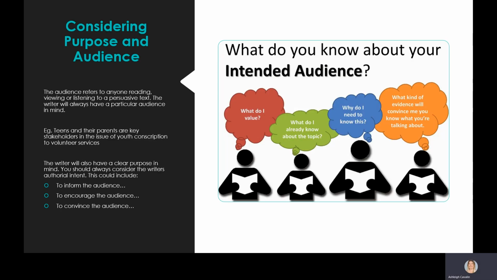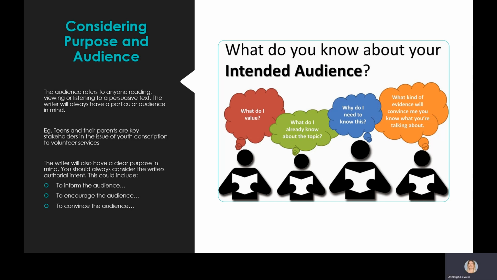What about purpose and audience? Now, the audience refers to anyone reading, viewing, or listening to a persuasive text. However, the writer will always have in mind a particular audience. It is never just the general Australian public. You need to consider, who are they targeting? Why are they targeting them?